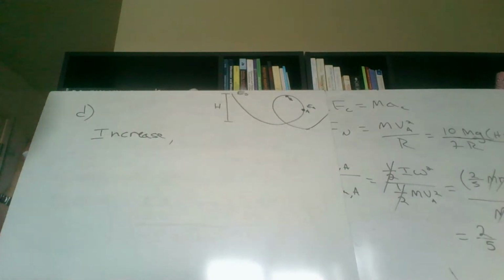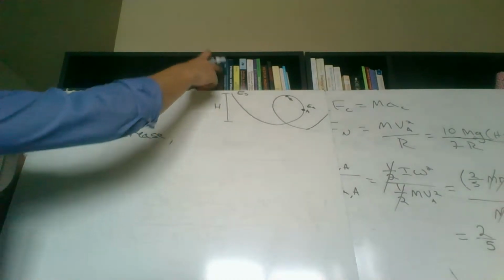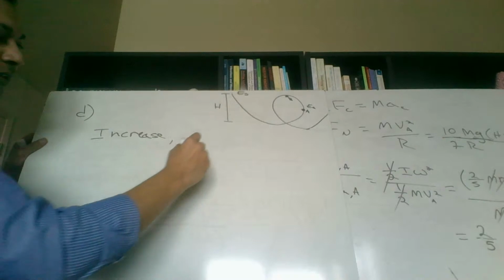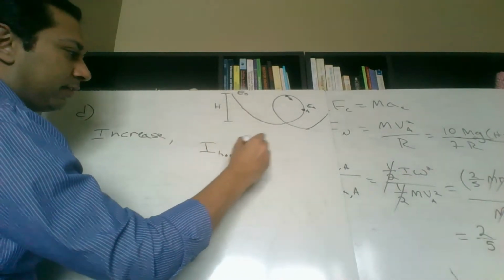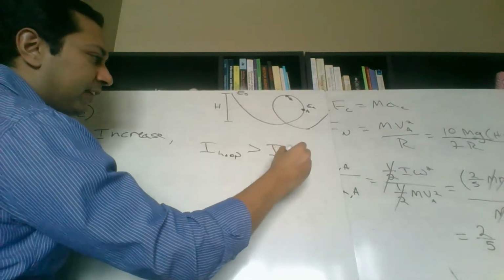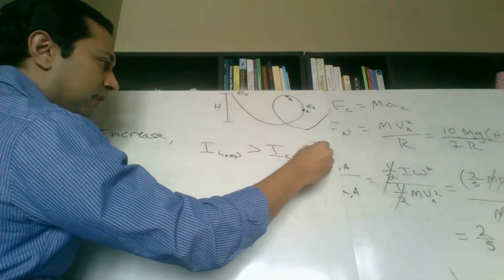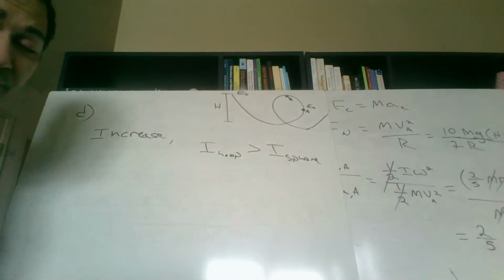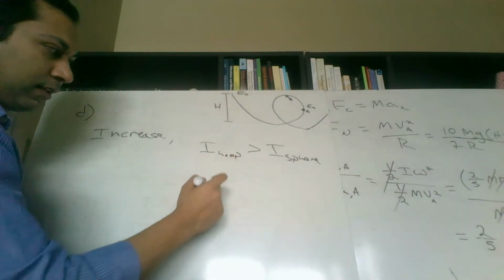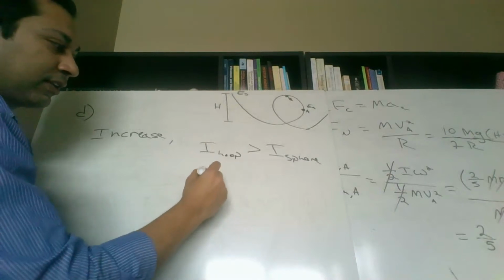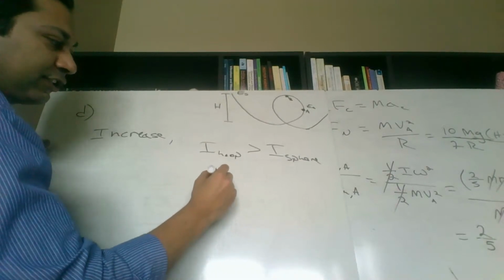So if you go from a sphere to a hoop, you need to go at a higher height. Why is that? I of the hoop is greater than I of the sphere. And we just finished talking about this. The larger the hoop is, the smaller the translational kinetic energy is.